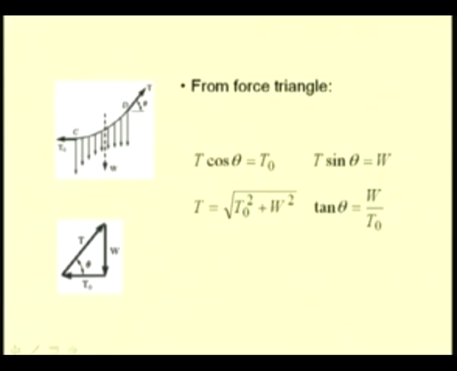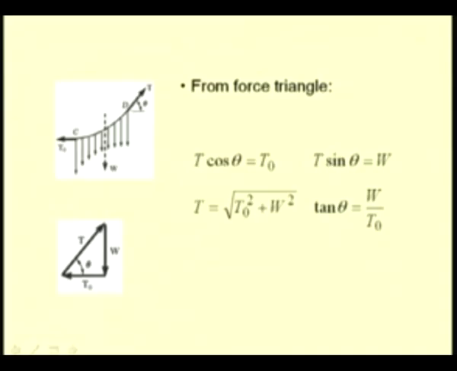So we have T cos theta equal to T naught, and the vertical component of this force T, which is T sin theta, has to be balanced by the vertical force W, that is T sin theta is equal to W. And also, since this is a right angle triangle, T naught is in the horizontal direction and weight acts in the vertical direction, so this forms a right angle triangle.